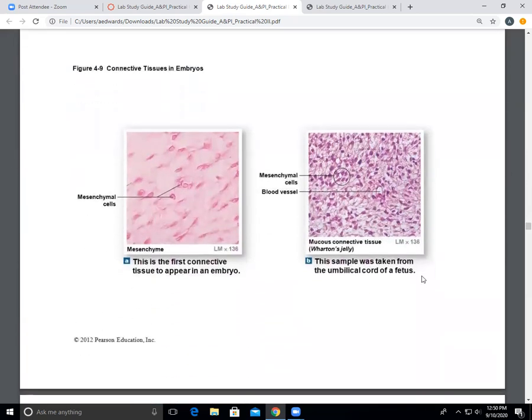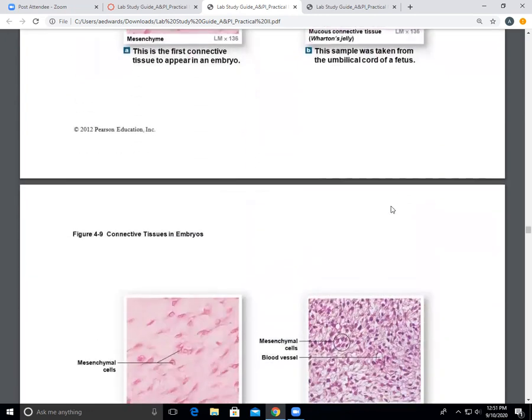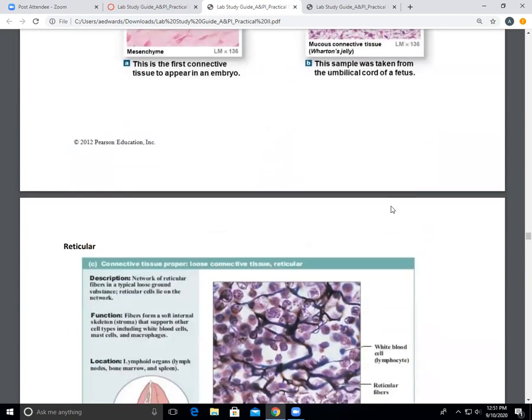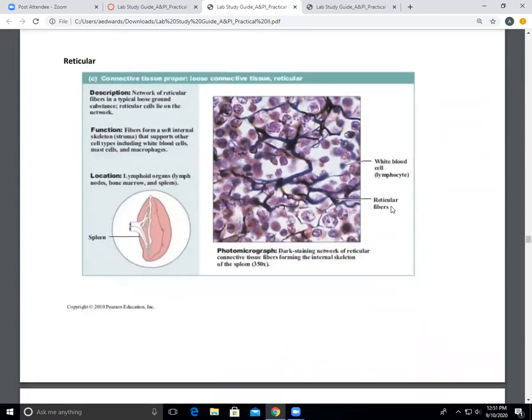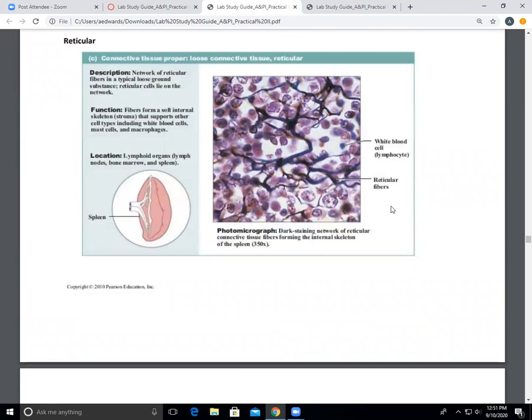All right, here's some more views of the mesenchymal cells. And this one's from an embryo, and this one's from an umbilical cord. Okay, same pictures. All right. So notice how I said that one's very general. The others usually have some sort of hallmark feature that you can really tell.